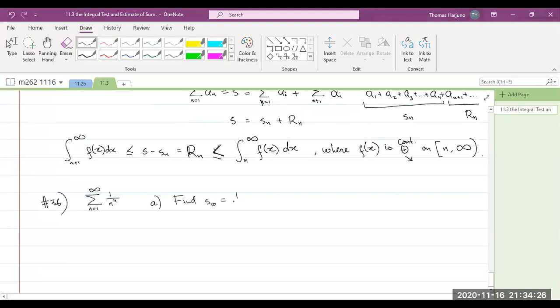Basically, you need to do 1 over 1 to the 4th plus 1 over 2 to the 4th plus 1 over 3 to the 4th all the way to 1 over 10 to the 4th. Do you want to use a calculator for that? If you want to punch it fast, this is 1 plus 2 to the negative 4 plus 3 to the negative 4 all the way to 10 to the negative 4.